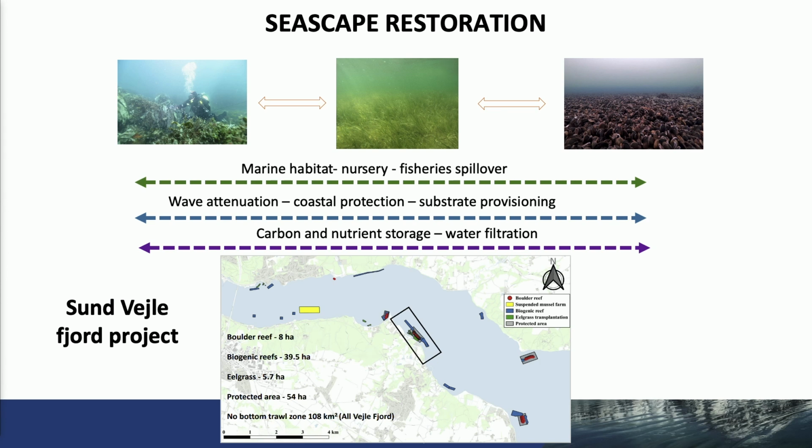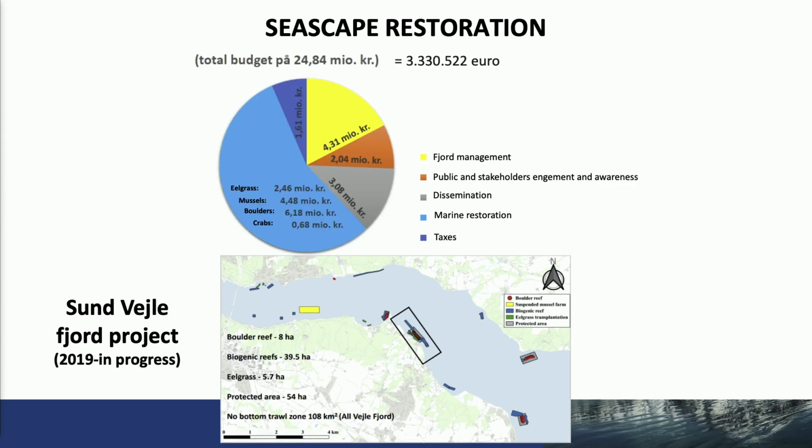And so we want to apply this concept to a really interesting area, the Sandvale fjord, putting all this active restoration together. So we put the boulder reef, biogenic reef, and eelgrass, and this project is still ongoing. We are doing the monitoring part, and for the monitoring we have an important chunk of costs.